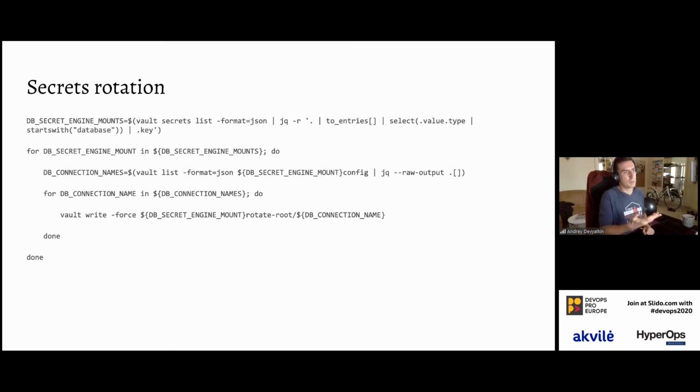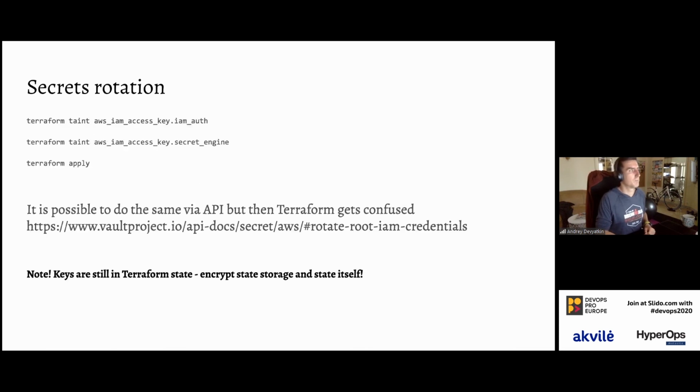And that's a little bit of script that you could use to go ahead and ask Vault to rotate your database credentials. Don't be afraid of that, because, for instance, again, in AWS, you still have the RDS console. You can go and reset the master password if the need arises.